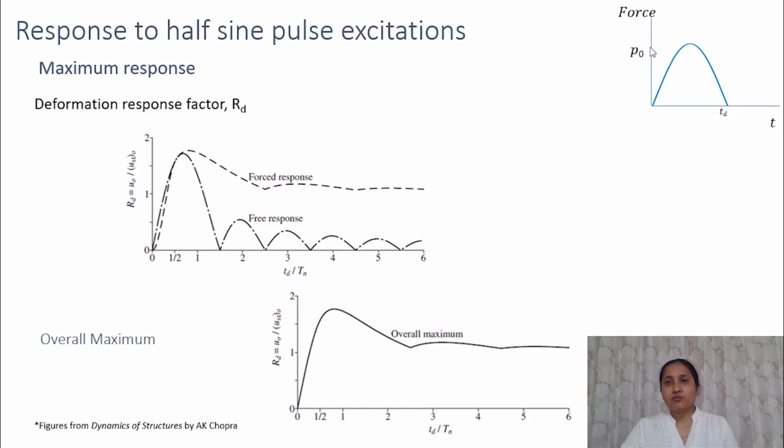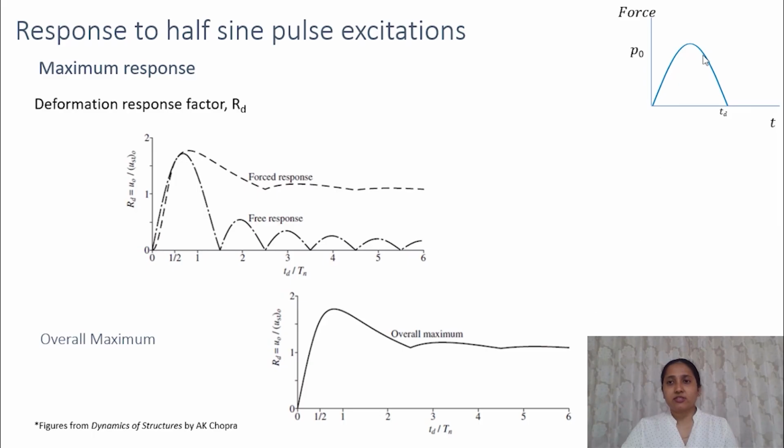In the case of a rectangular pulse, the load is suddenly applied. Before the pulse, the load amplitude is 0, and when the pulse starts, there is a sudden application of a load P0. So the dynamic effects are more. That's why even for higher values of Td, we would get a maximum response factor of 2.